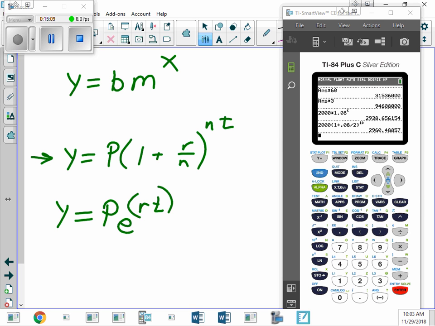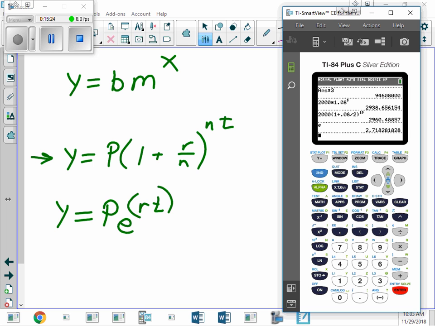Now, e is an exponential number, and if you type e into your calculator and push enter, let me find it. So lowercase e, it's the divide button. So e is about 2.718. And it's a number like pi. It's irrational.